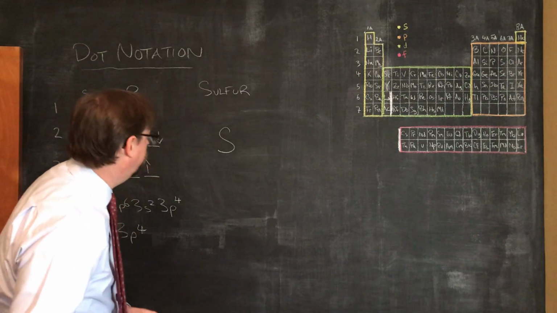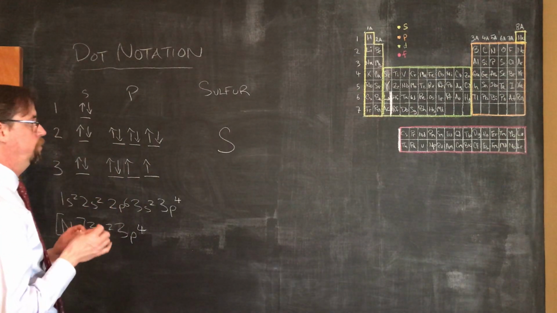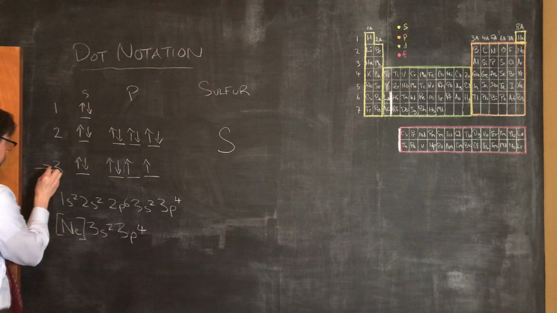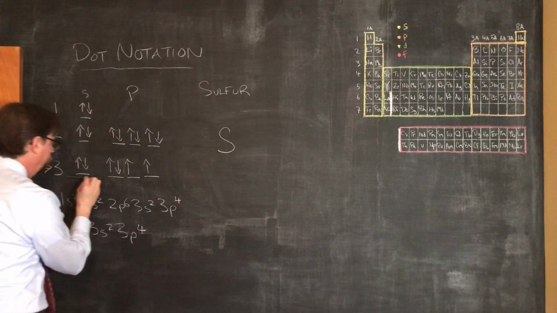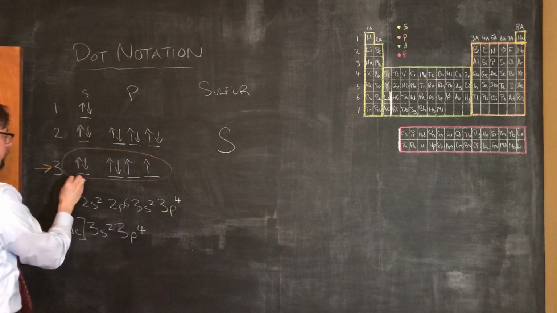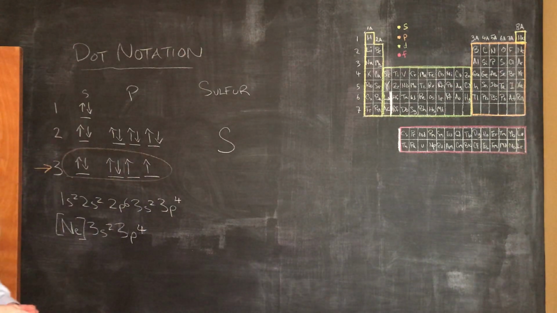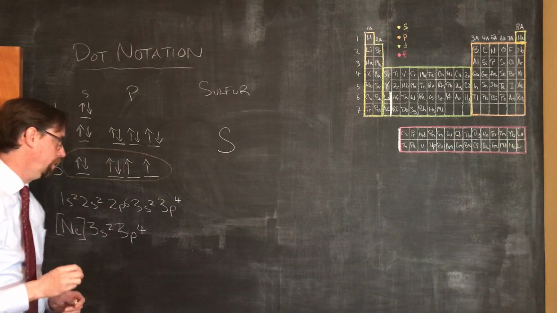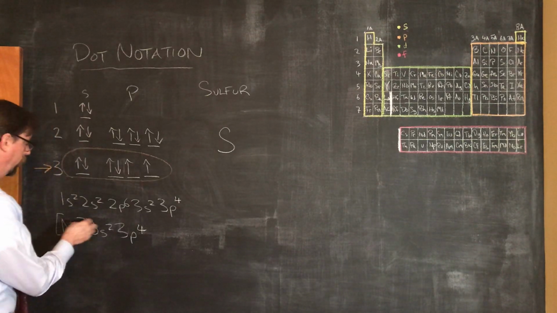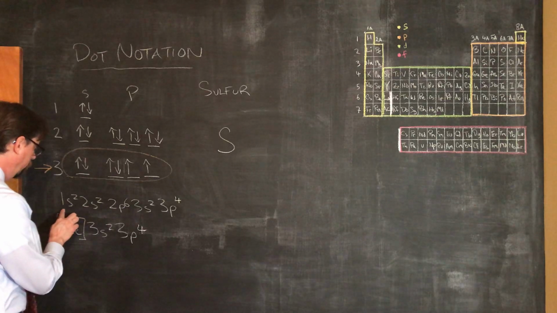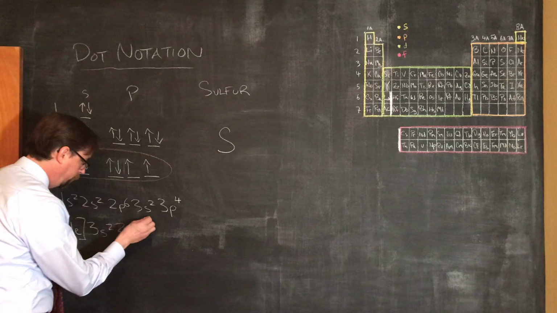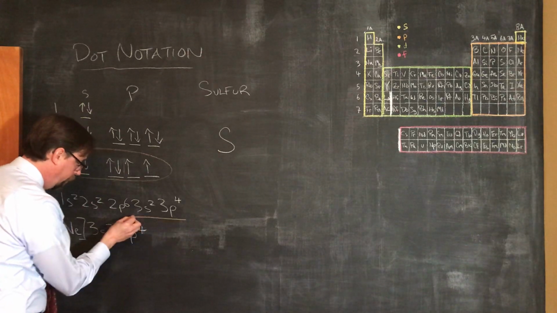So let's take a look. What are the outer shell electrons that we have to represent? Those are electrons in the highest energy level. So all of these are outer shell electrons, and in our dot notation we want to use dots to represent only outer shell electrons. Looking at the electron configuration, the outer shell is the third energy level, so it's any electrons from there on.